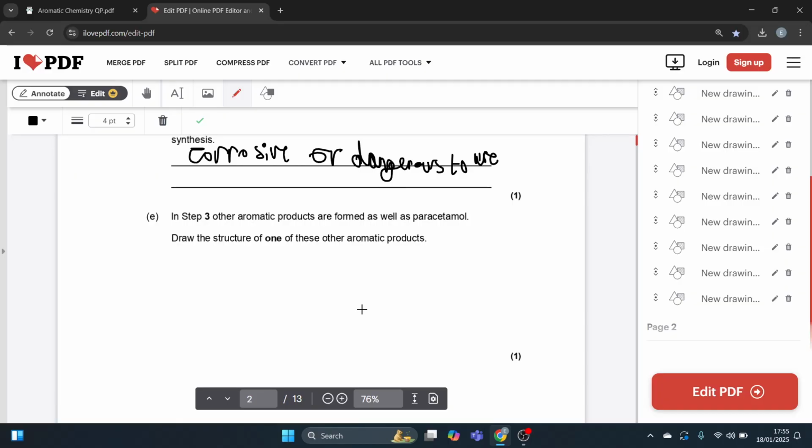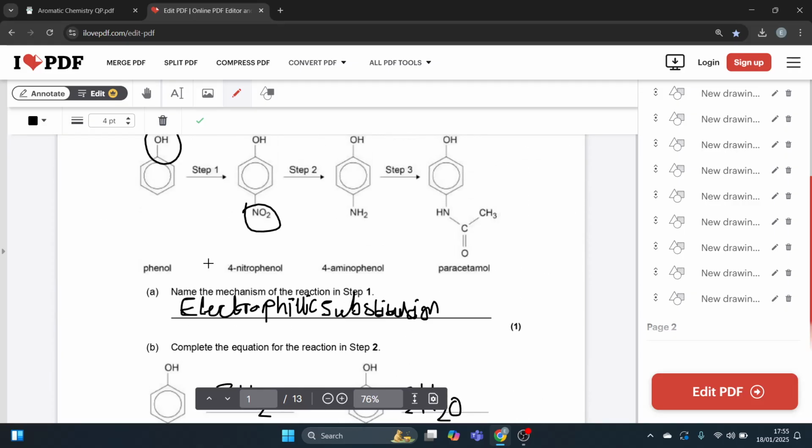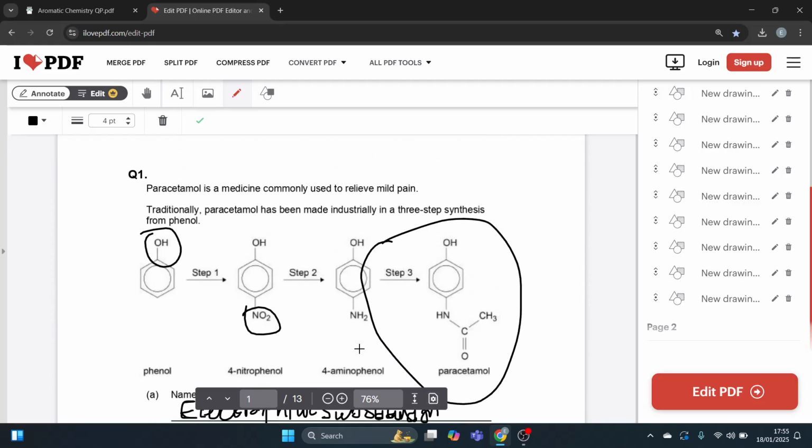Part E. In step 3, other aromatic products are formed as well as paracetamol. Draw the structure of one of these other aromatic products.